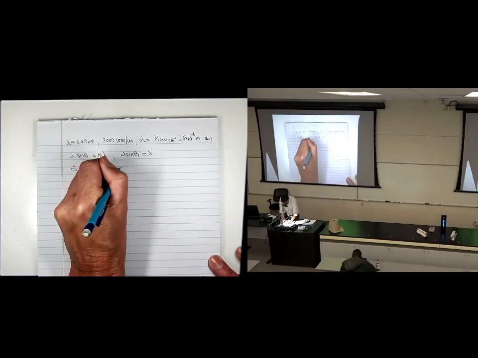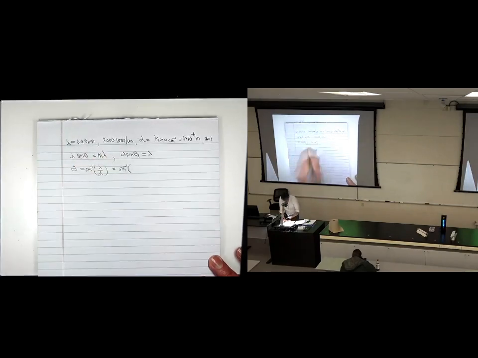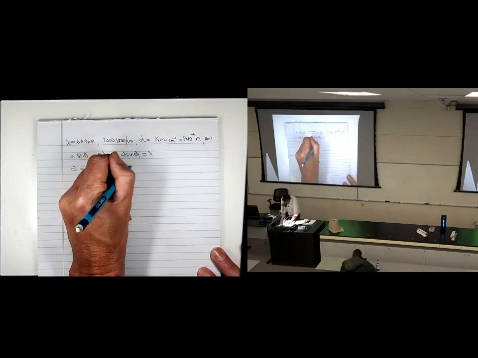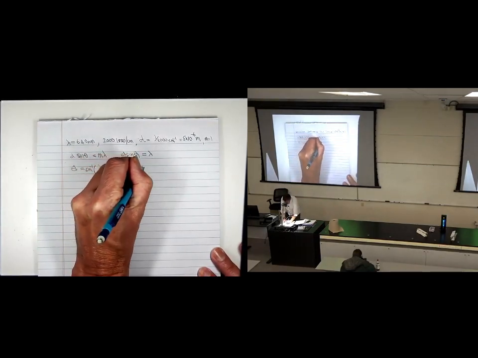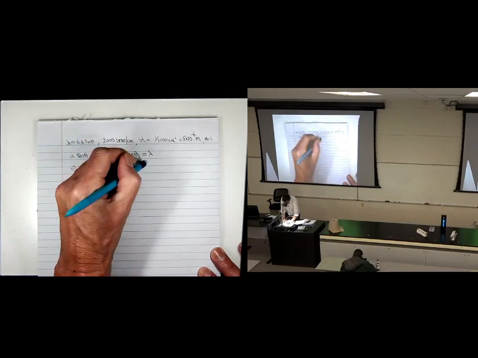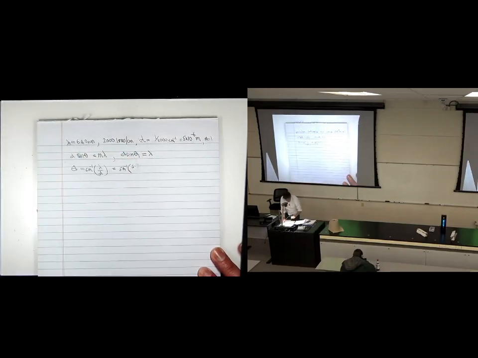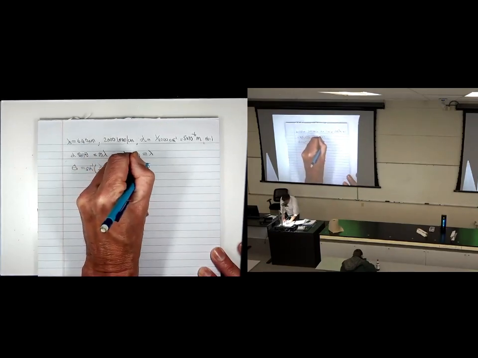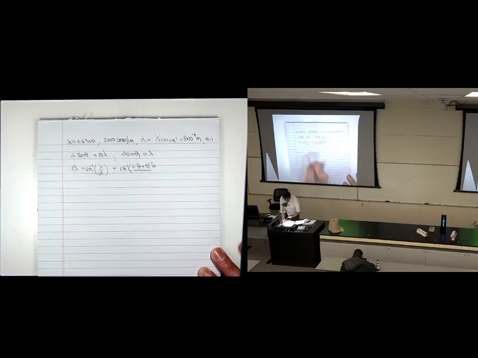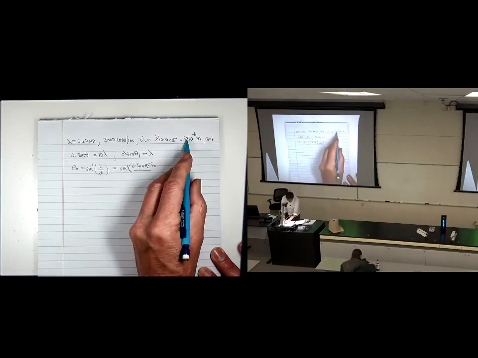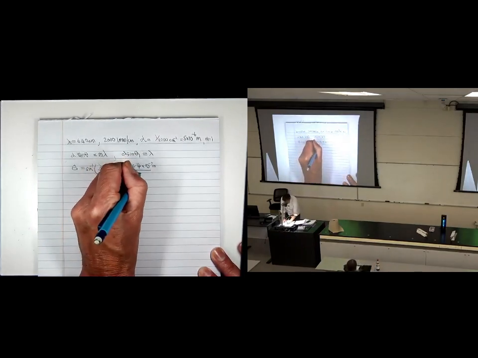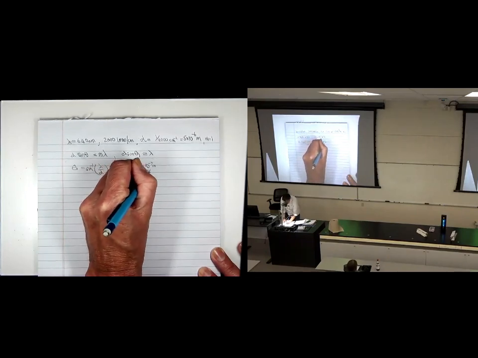I've got 640 nanometers. Now a nanometer is 10 to the minus 9 of a meter, so this is 6.4 times 10 to the minus 7 meters, divided by 5 times 10 to the minus 6 meters.